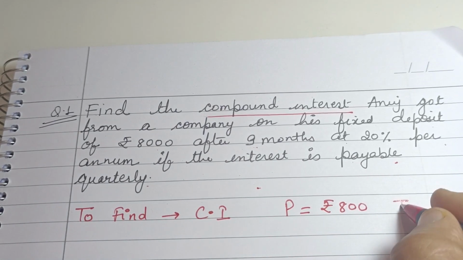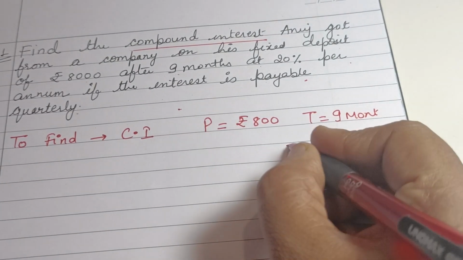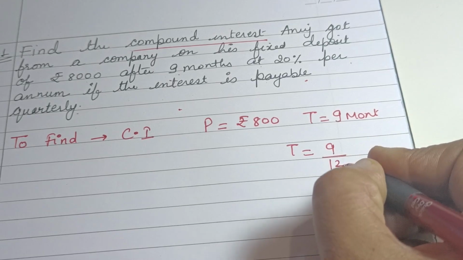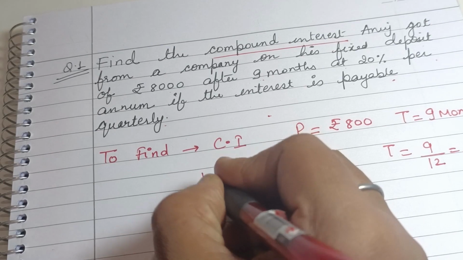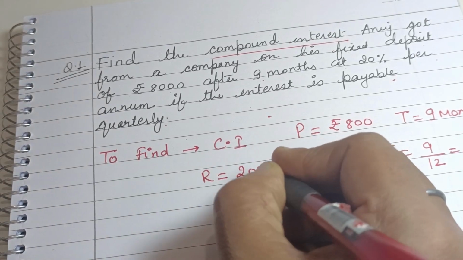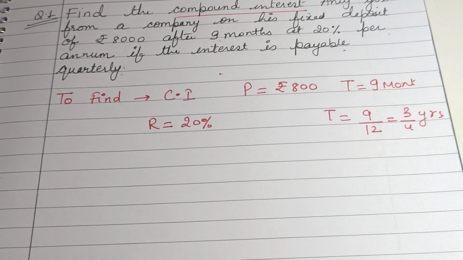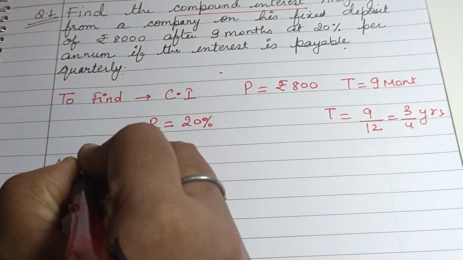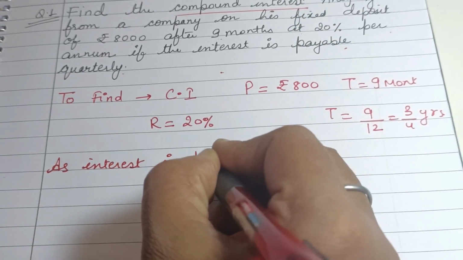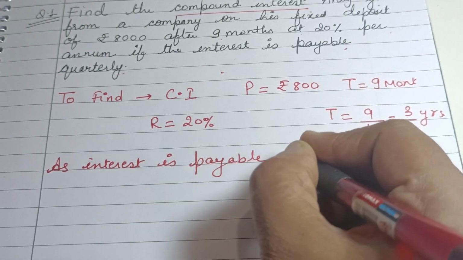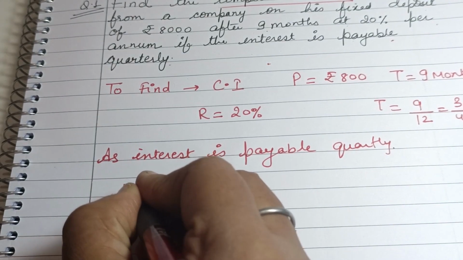That means time is 9 months. So change these 9 months into years. It will become 9 upon 12, that will be 3/4 years. And the rate of interest given is 20%. As the interest is payable quarterly, you have to calculate the new time.